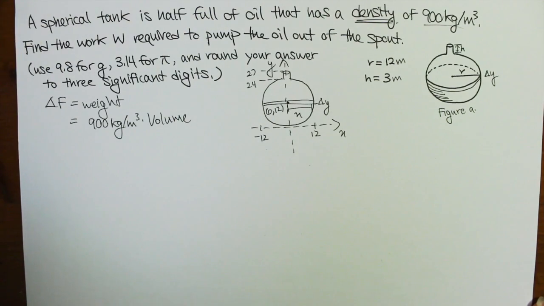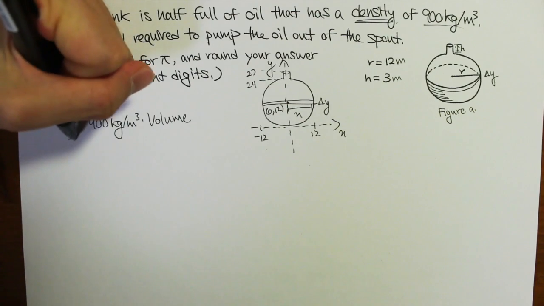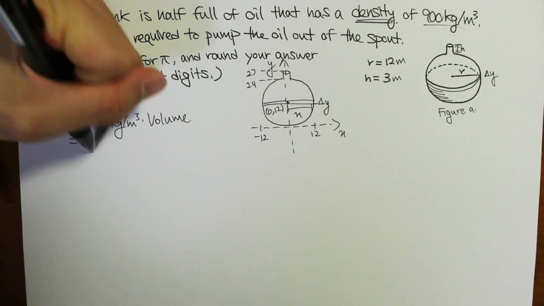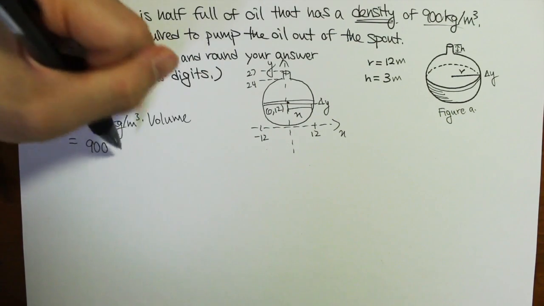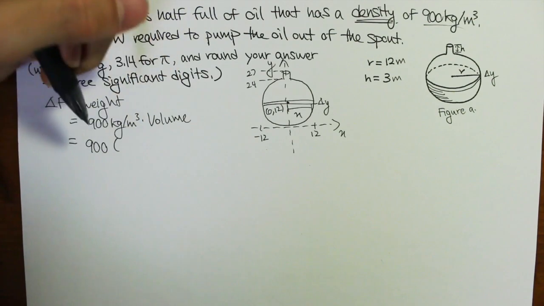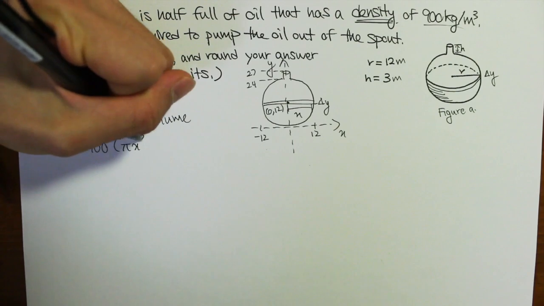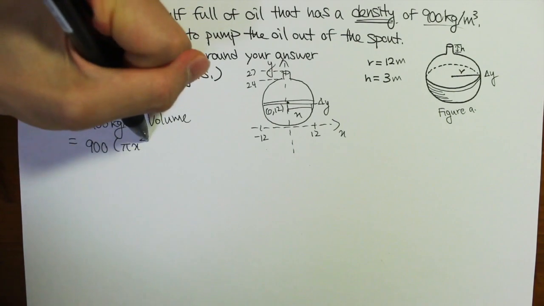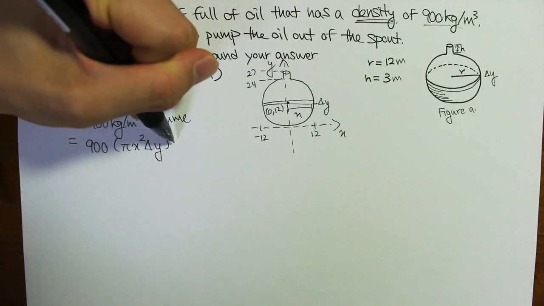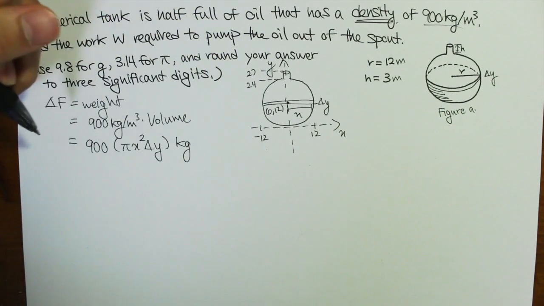That would give us the change of force. For right now, we'd neglect gravity just so we don't confuse ourselves. To put it into variables, the volume of each disc would be pi times radius squared, radius is x, so x squared, times the thickness delta y.